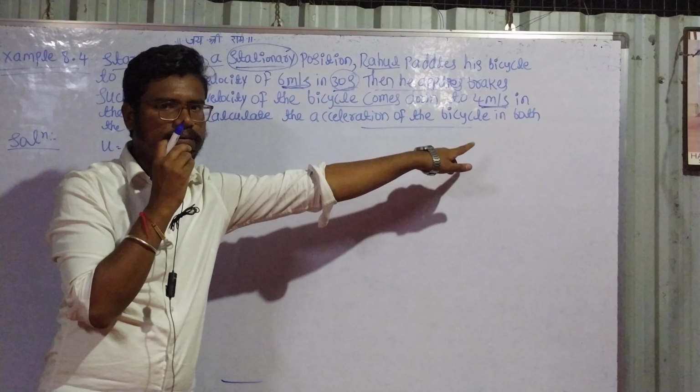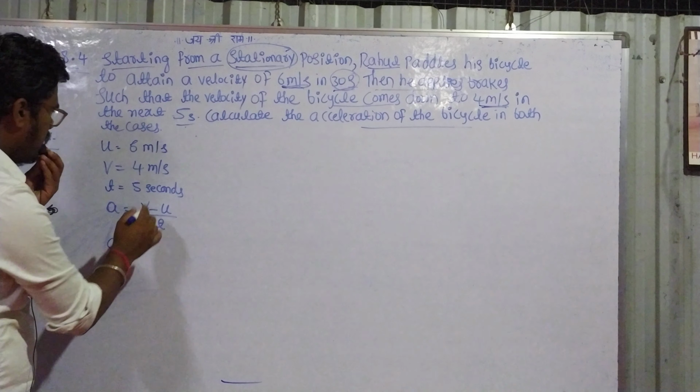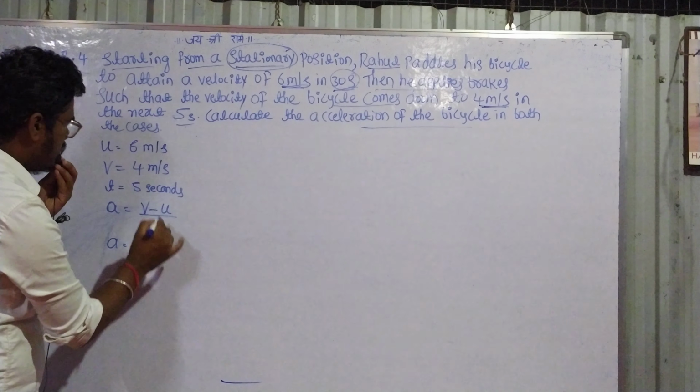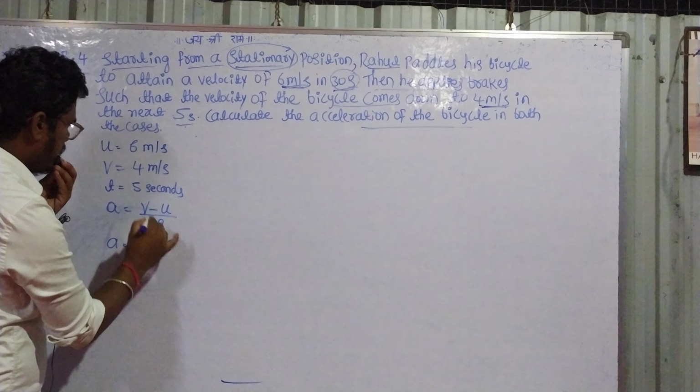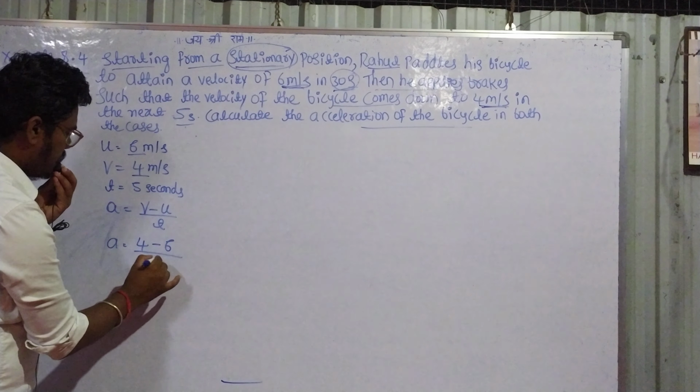The acceleration formula is v minus u by t. After applying the brake, the speed is reducing from 6 meter per second to 4 meter per second, and the time taken is only 5 seconds. Substitute the values: final velocity is 4, initial velocity is 6, divided by time 5.